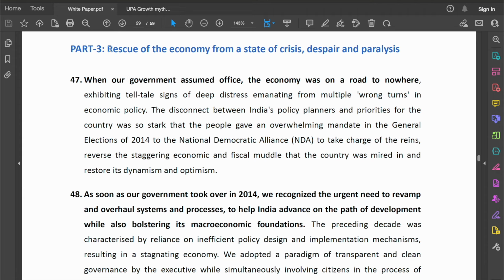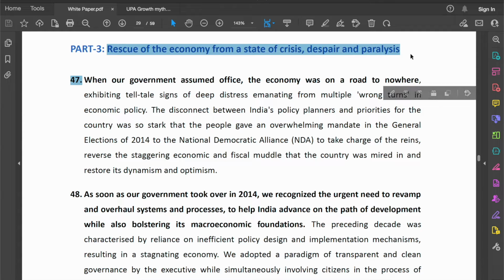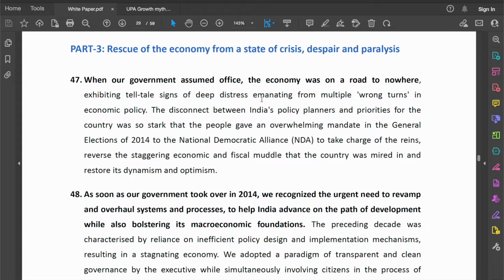Now they talk about how they rescued the economy from despair. One thing we have to agree or appreciate is the macroeconomic stability until FY19, because after COVID things went haywire again, but until FY19 things came under control, and that credit goes to this government. Couple of good things.